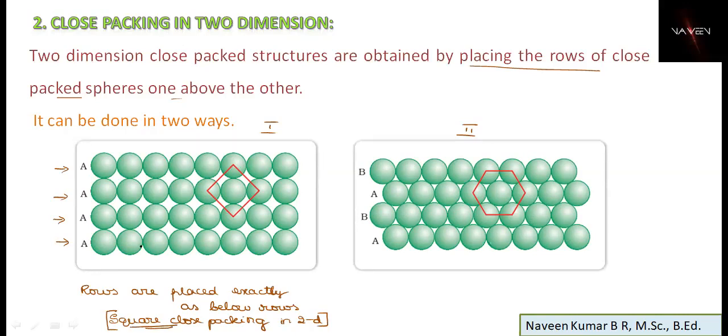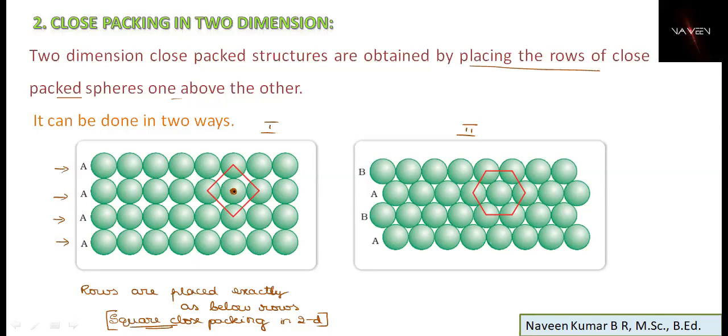Now, if rows are placed exactly above the below rows, you take any one sphere here. Whatever this box shaped structure is, you try to observe. Now, assume this sphere. I'm just putting a dot to indicate the center of that spherical particle.